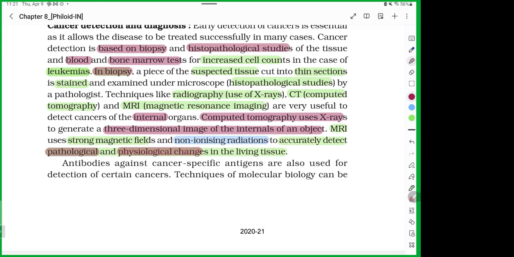And physiological change, what is the secretion of the material? Very important, the physiological one. And I am telling you where you make a mistake. MRI is non-ionizing radiation, you must have read, but you might miss physiological change. The question may ask: MRI can detect pathological change, physiological change, both of them, none of these. There you face issue.